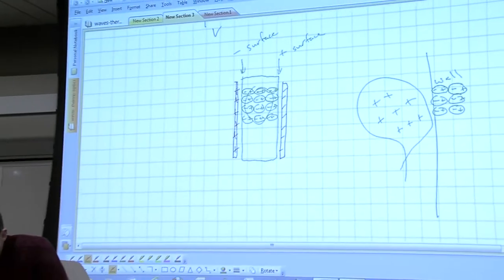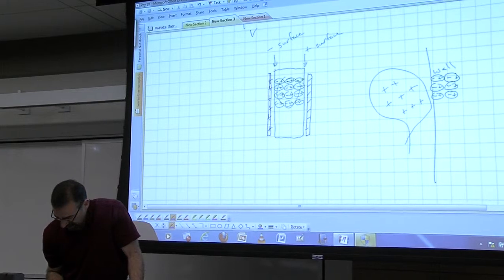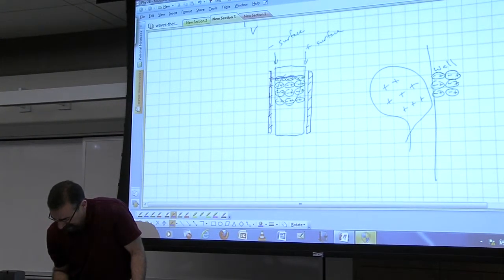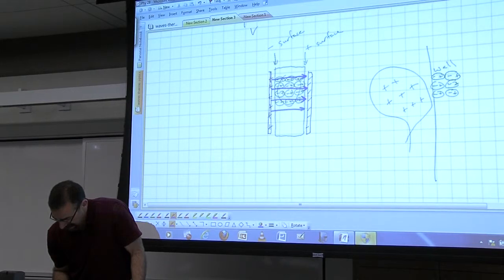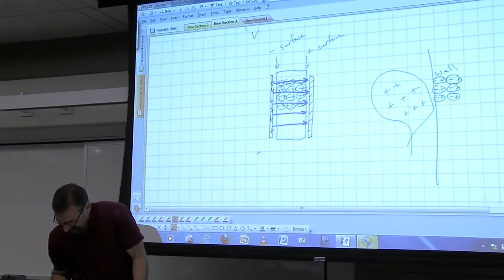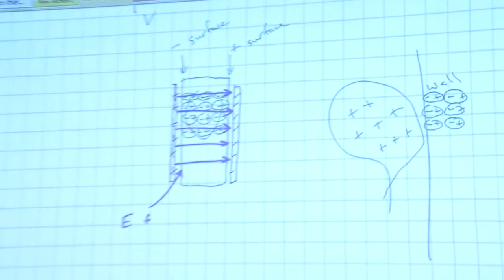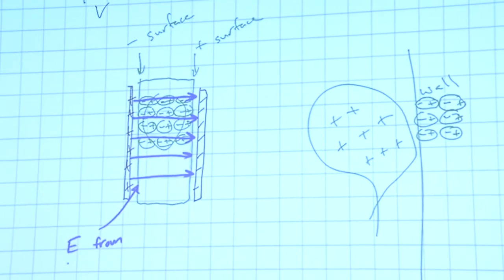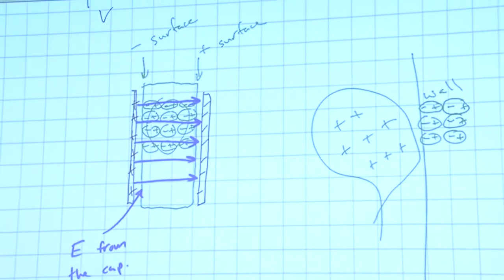You see that? So what we had here, I'll draw it in blue. We had the electric field from the capacitor, right, going this way. E from the capacitor plates.